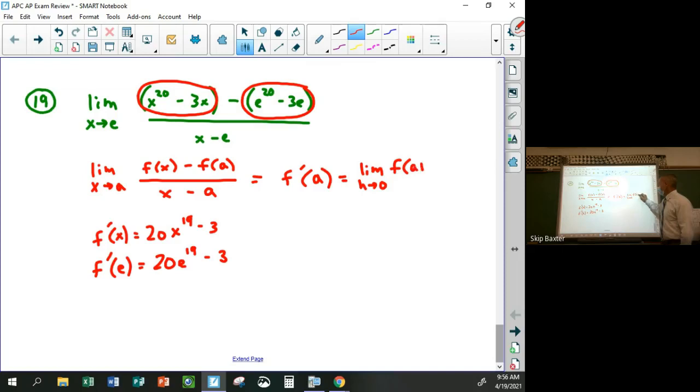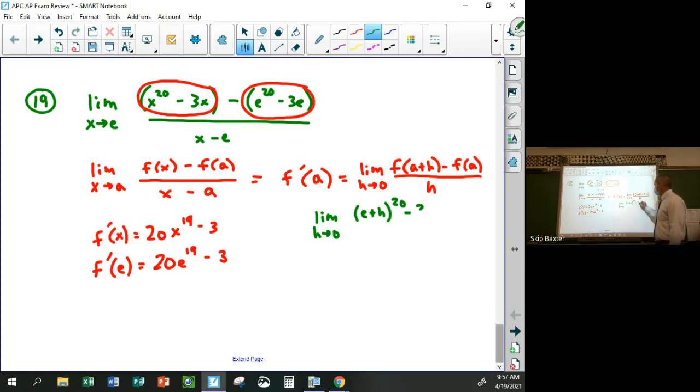Okay, remember the other form of the limit definition of derivative is the limit as h goes to 0 of f of a plus h minus f of a over h. So if they gave us this same problem, but it was in this form, then it would say the limit as h goes to 0 of e plus h to the 20th minus 3 times e plus h, minus e to the 20th minus 3e, over h.